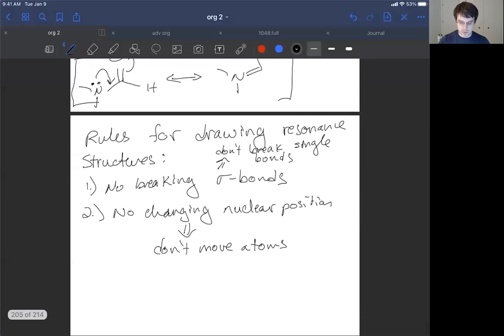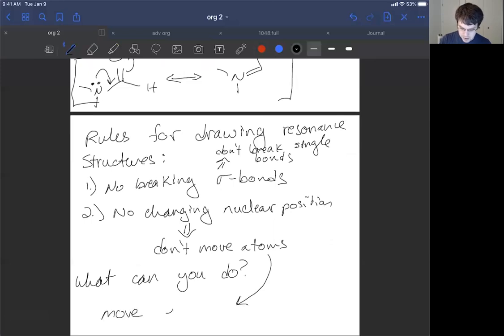So what can you do? Well, if you're not moving atoms, what you can do is related to what you can move. You can move electrons.